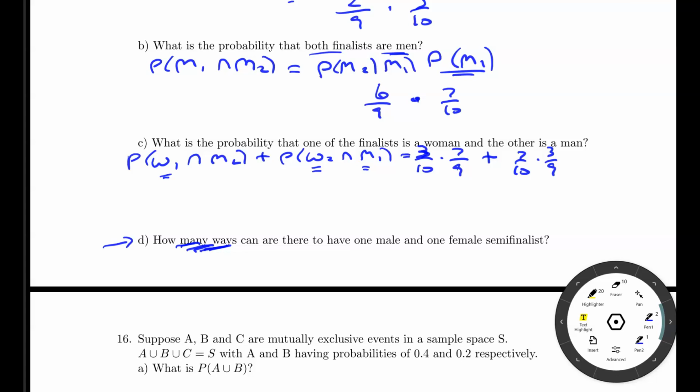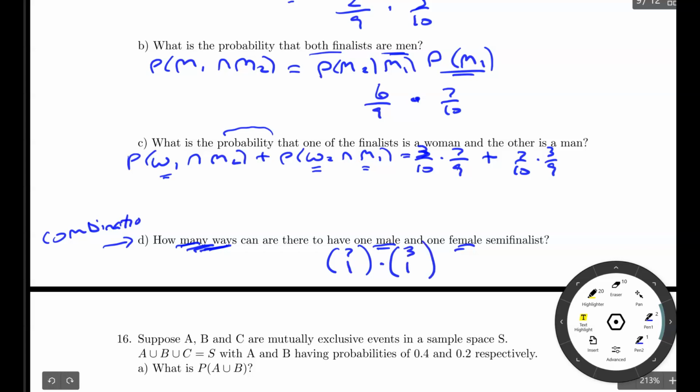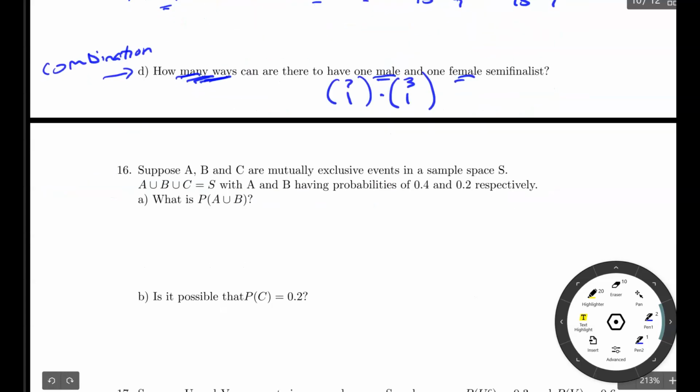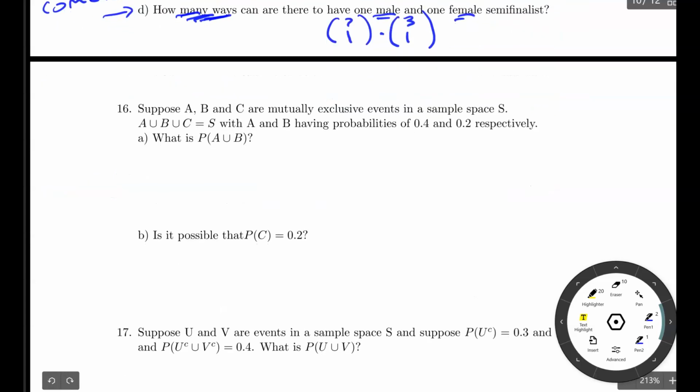How many ways? Combinations. So notice the difference, right? So this was probability. Combinations to have 1 male and 1 female. So out of the 7 men, pick 1. Out of the 3 women, pick 1. So multiplying. So I threw that in there to make sure that you're remembering how to do combinations as well.